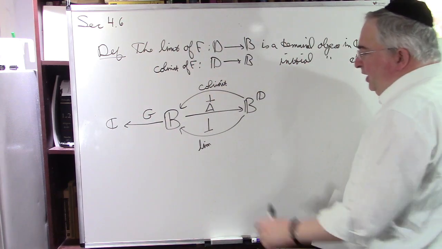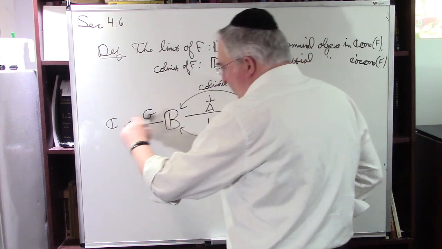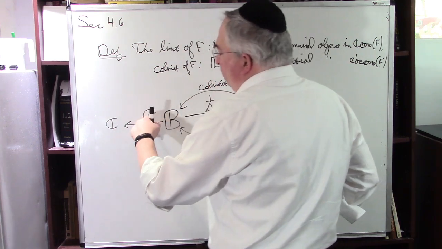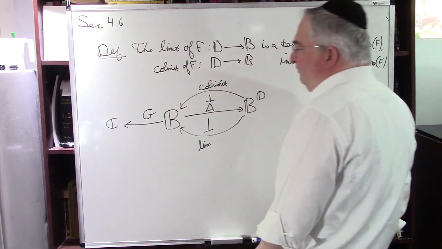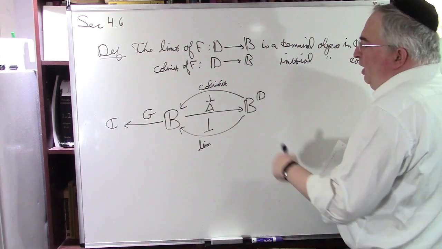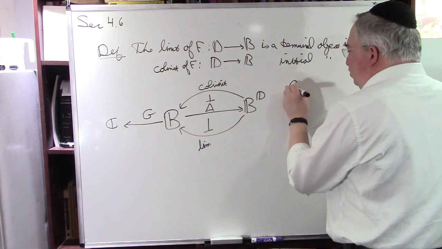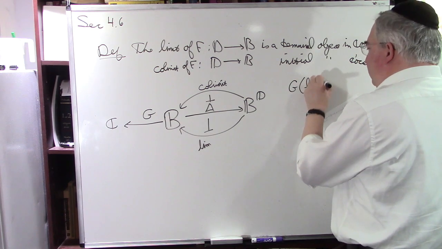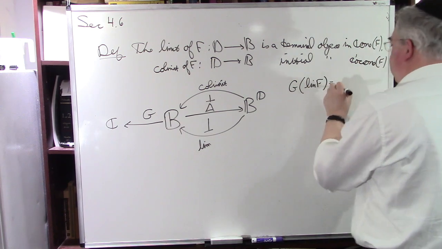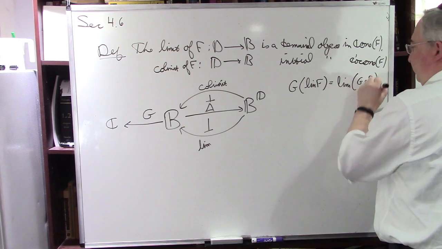So what does it mean? That means if you take the limit, then you do G, you can not only have limits here, but you can have limits further on. And a limit is preserved if the following is true: G of the limit of f is equal to the limit of G composed with f.